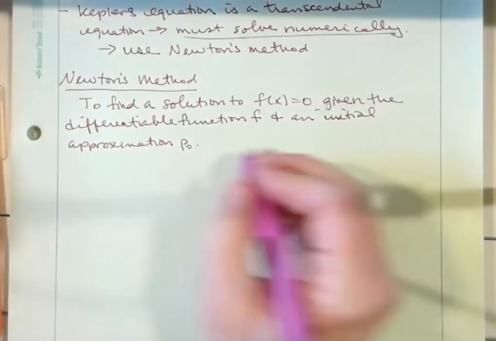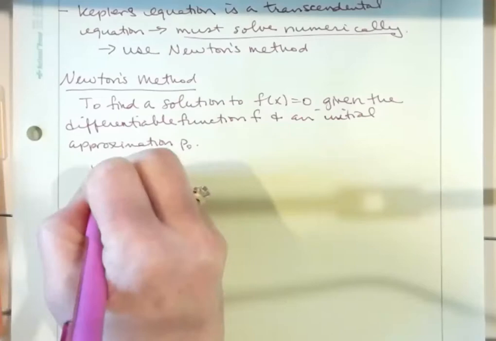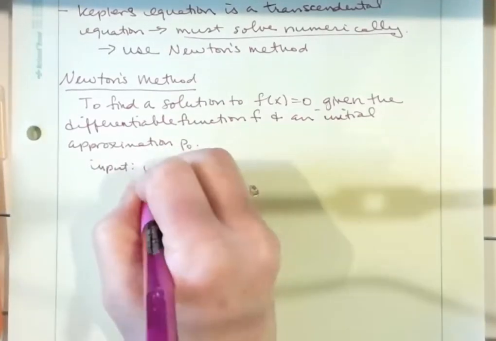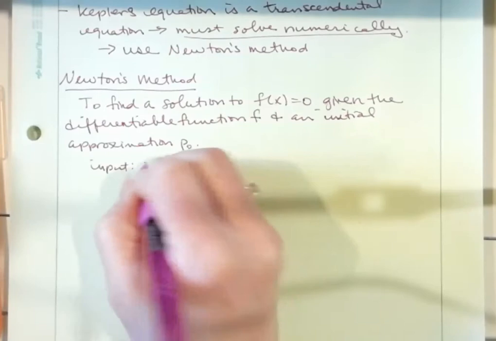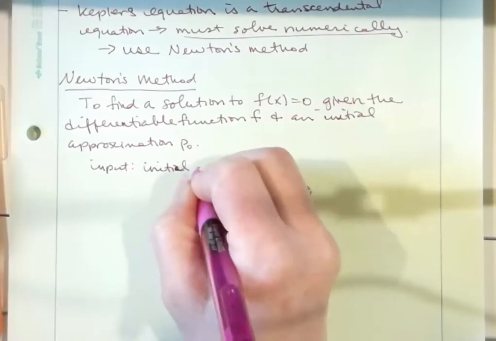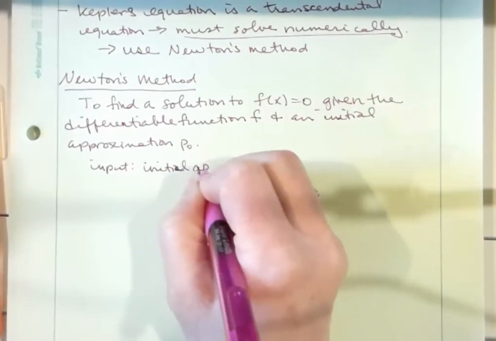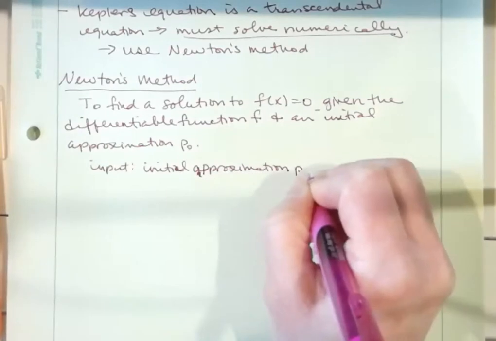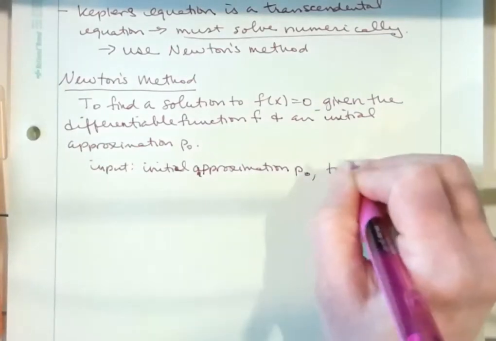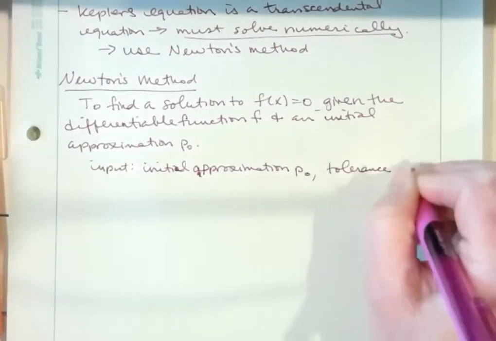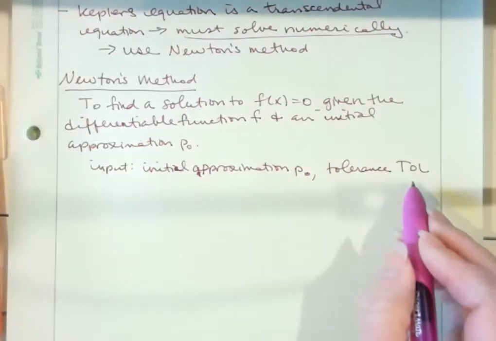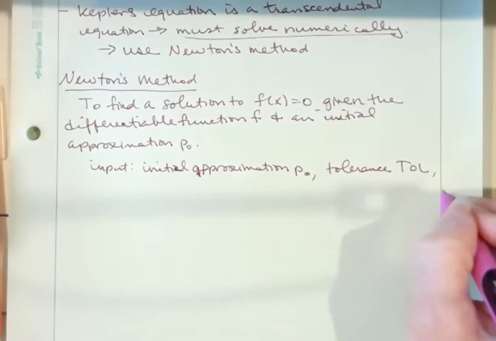Let's go over the inputs we need. We need our initial approximation, P0. We need a tolerance, so we know how accurate we want it. Let's call this TOL. In just a second I'm going to put the algorithm up here so you can see it.